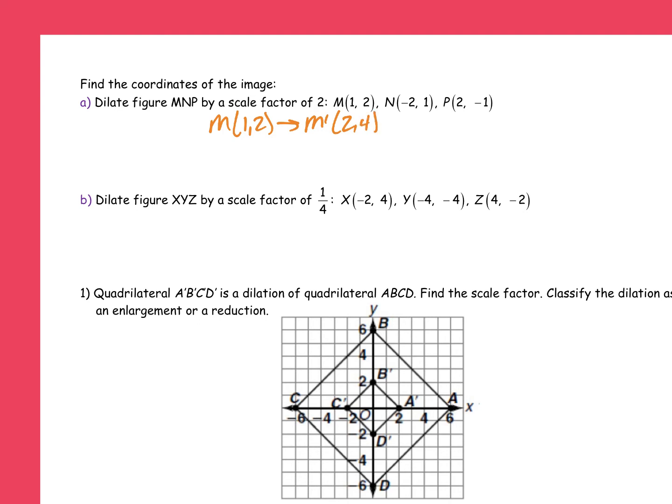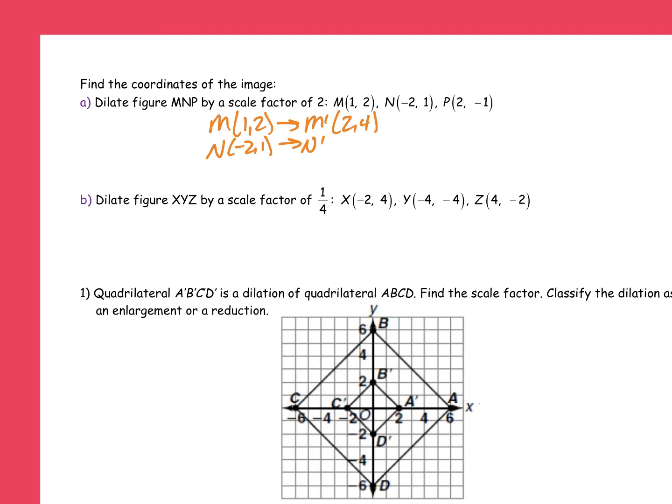Don't answer this next one, okay? N. What's N prime? I know, I saw you on your phone. That's why I called on you. And then, what am I multiplying by? Read the question. What's my scale factor?